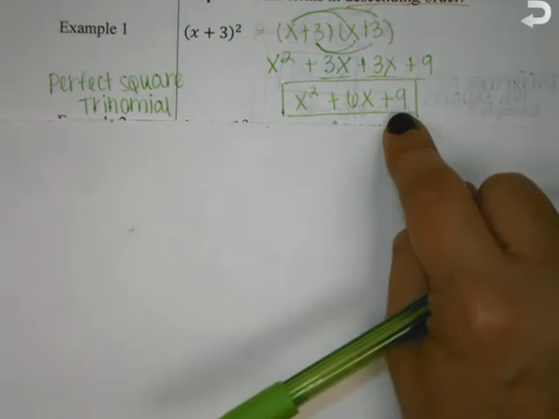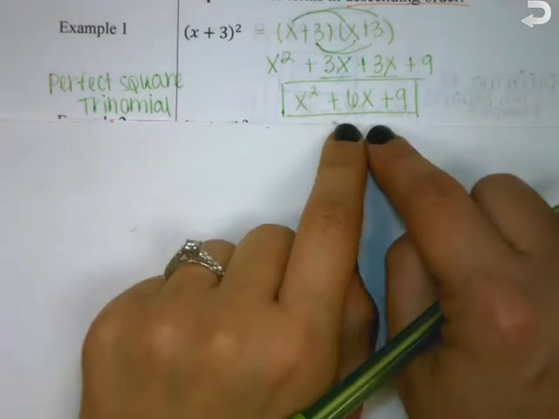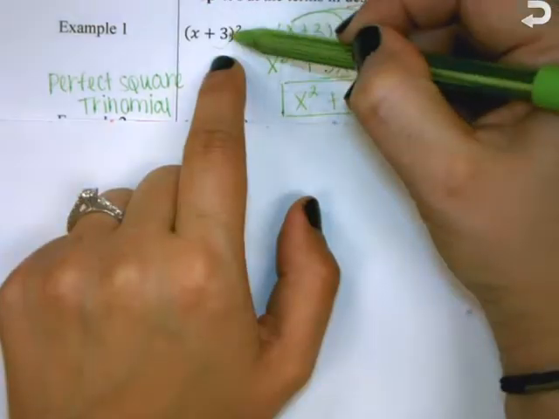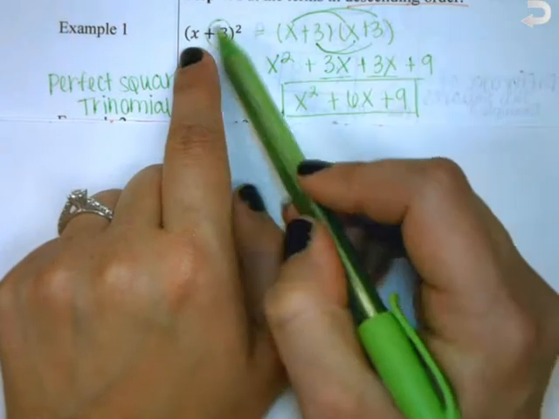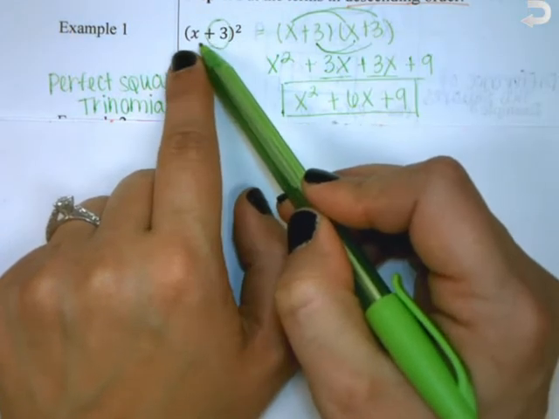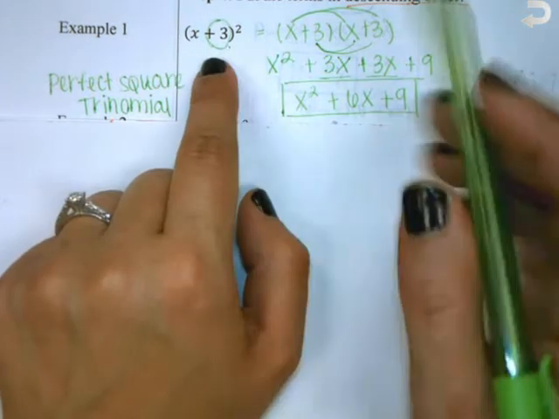You're correct. The middle one does not have to be a perfect square. What do you notice about the middle one? My original problem was x plus 3 squared. What's x squared? X squared is x squared. What's 3 squared? 9.